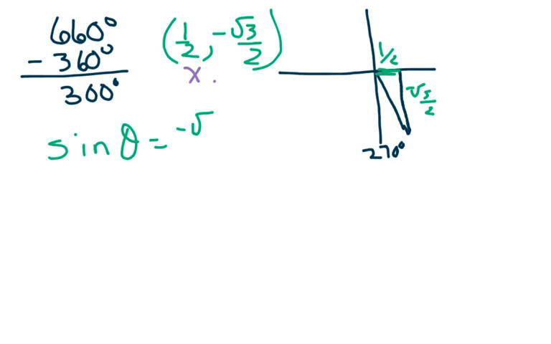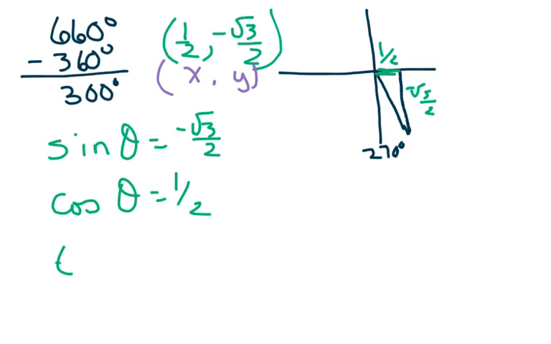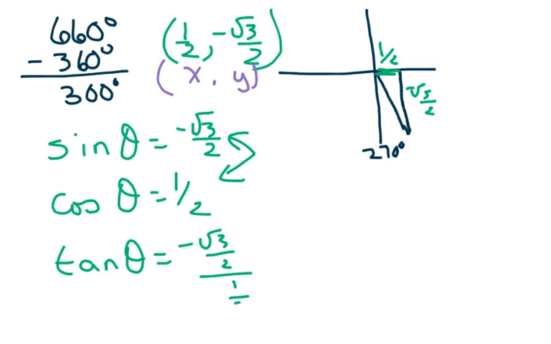And then you just plug in. Sine of theta is y, so negative root 3 over 2 divided by 1. And cosine of theta is just 1/2. Tan of theta, you're just dividing these two. So it's negative root 3 over 2 divided by 1/2.